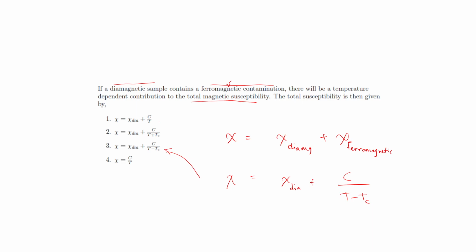And here, what are all these? This particular term is for the antiferromagnetic term, and this is the paramagnetic term, paramagnetic susceptibility. Okay, so since the question is asking about ferromagnetic contamination, this will be your correct answer.